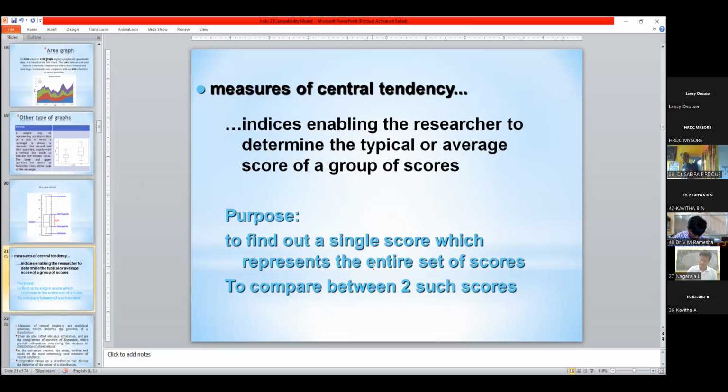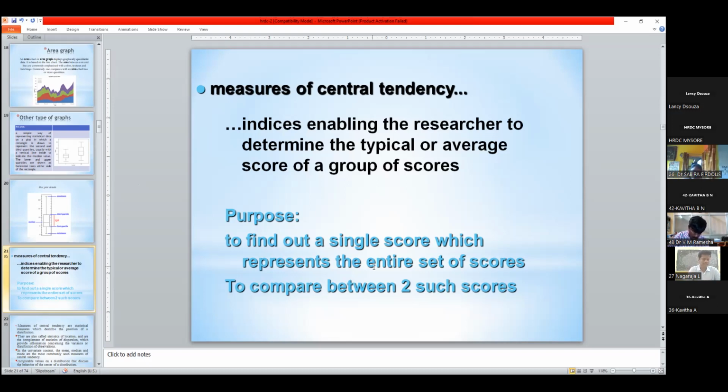Then suppose you have two such scores, you can compare between them. For example, a group of boys versus a group of girls, their academic achievement. Now you can say on average whether boys have higher academic achievement or girls have, on the basis of the mean or average.